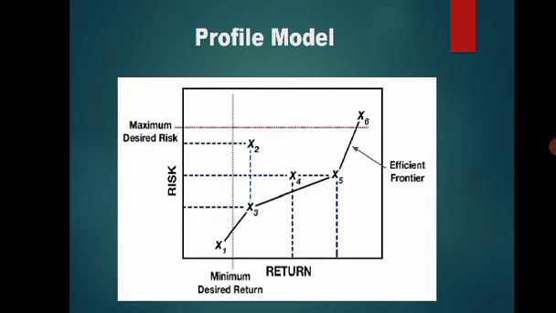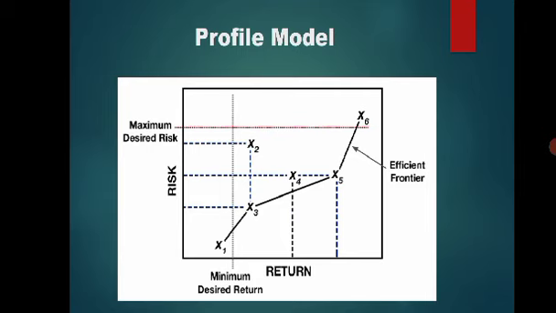From the chart, you can see that there is an efficient frontier. What is the efficient frontier? In project management, the efficient frontier is a set of project portfolio options that offers either a maximum return for every given level of risk or the minimum level of risk for every level of return.